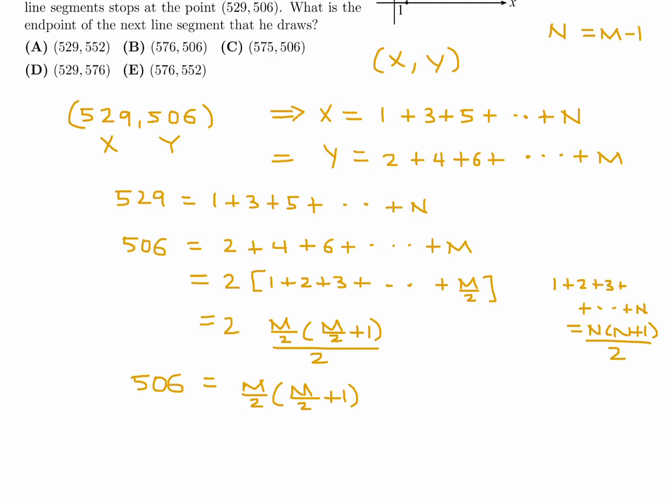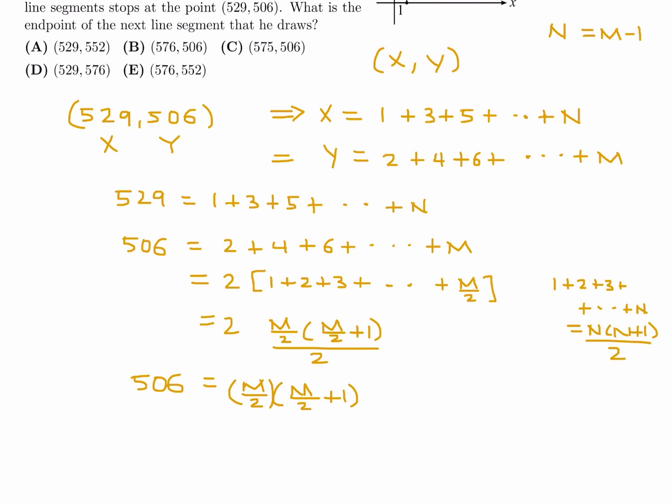Now, at this point, I do not encourage you to multiply it out and use a quadratic, all that stuff. Just use inspection. Get out your calculator, take the square root of this, and see what two numbers multiplied by each other equal 506, right? And those two numbers are consecutive. So do a little bit of fiddling around. When you take the square root, you'll see that it's about 22 point something, right?